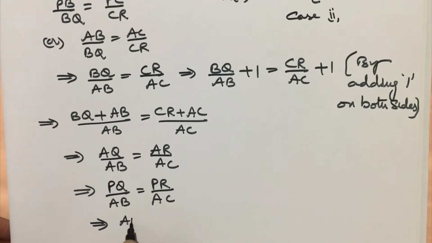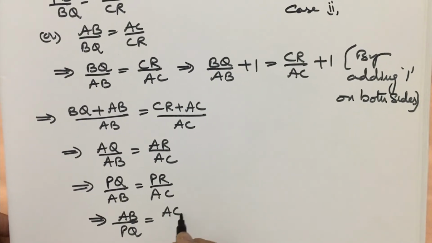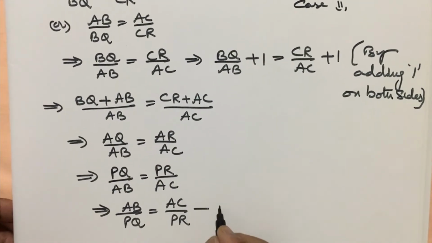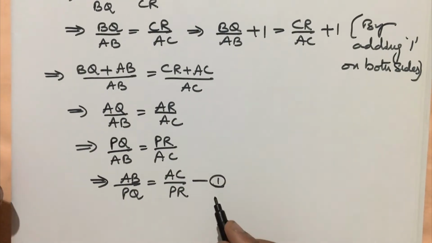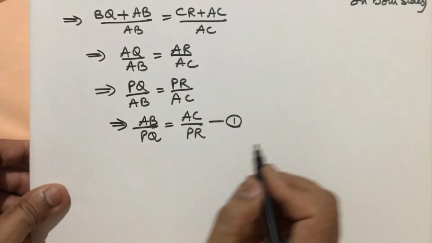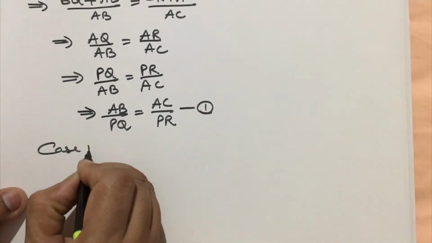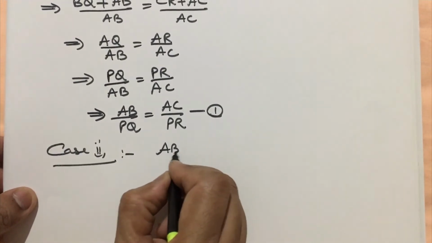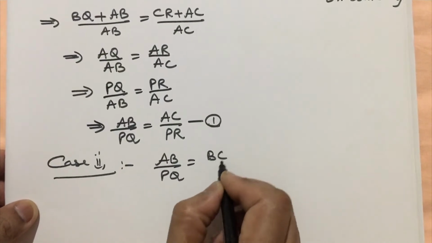This implies AB by PQ is equal to AC by PR. So this is equation 1. Similarly, in case 2 also, if you do it in this manner, in a similar manner you are going to get AB by PQ is equal to BC by QR.